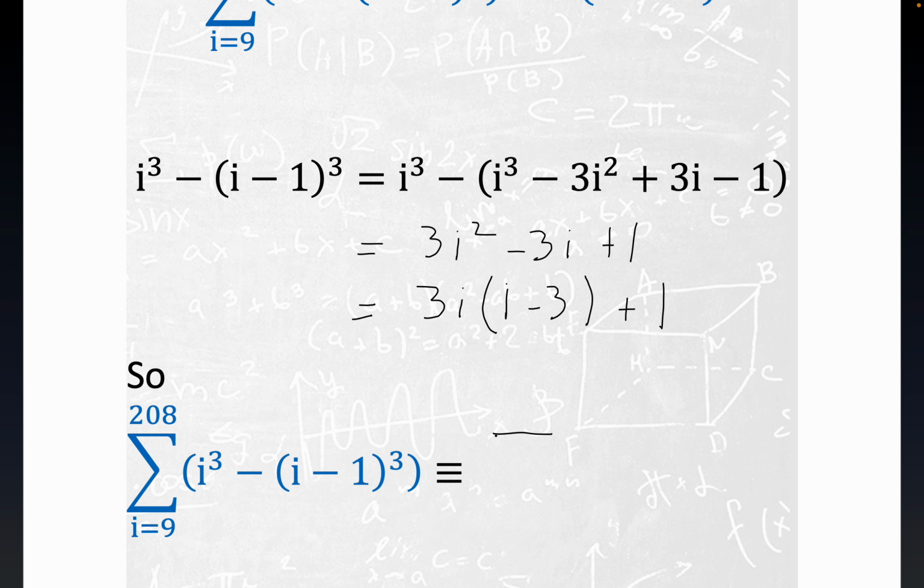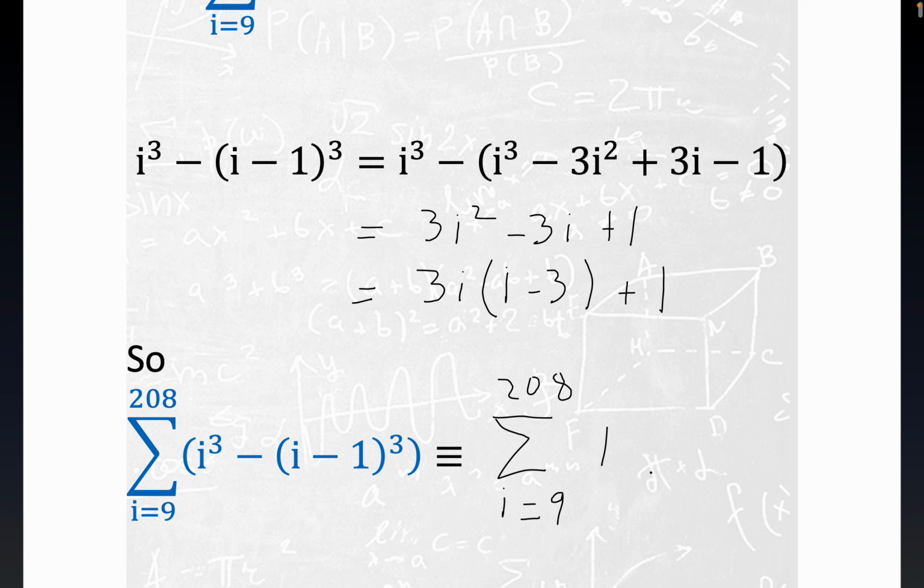So we have the summation from i equals 9 to 208, the lower and upper limits of the summation, and it's just a bunch of 1s. We already know that the summation of a bunch of 1s is equal to 200. It's very convenient to have a constant summand of 1.